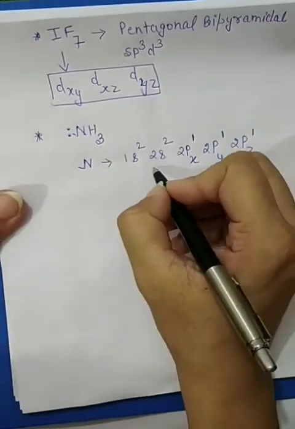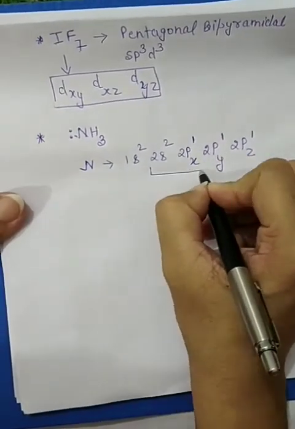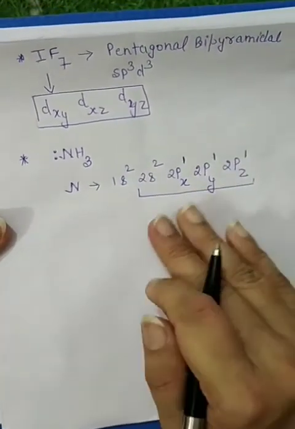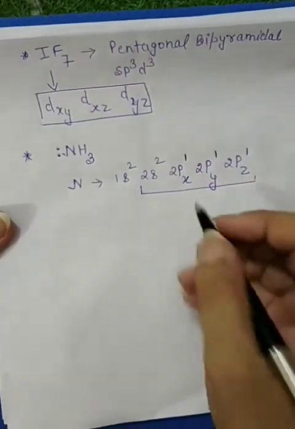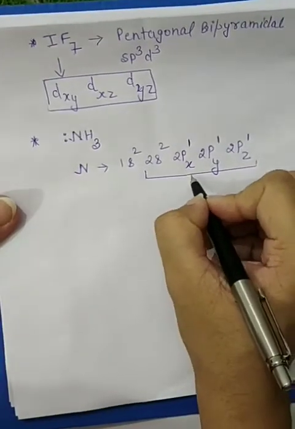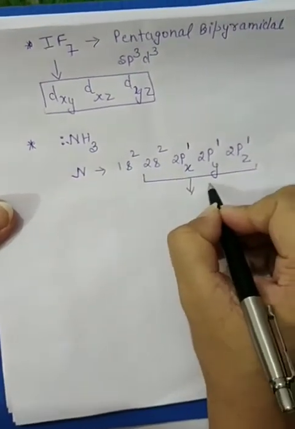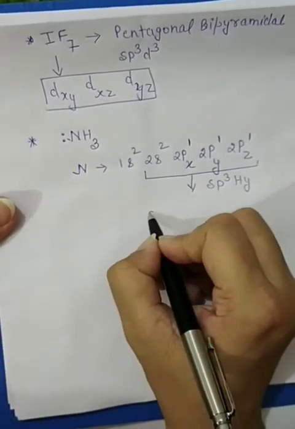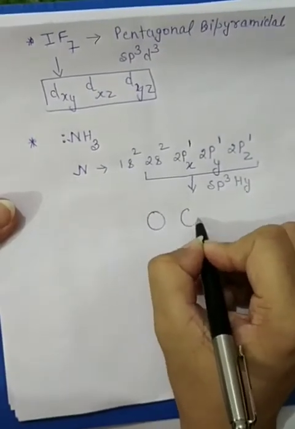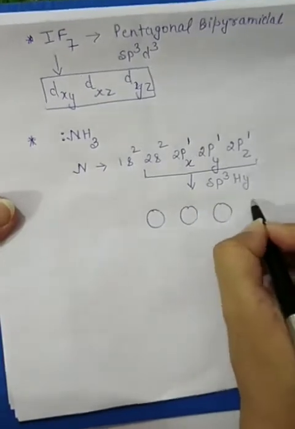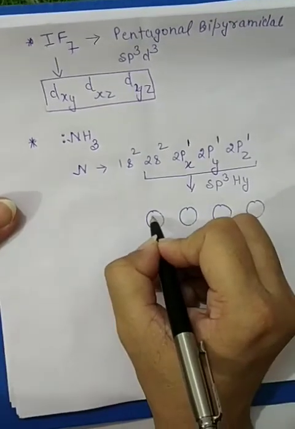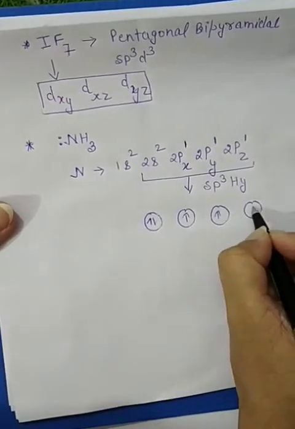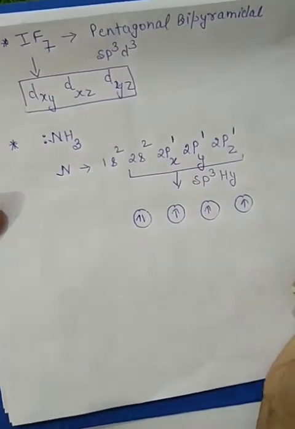Hence there is no need to excite the electrons from lower energy to higher energy. Directly these 4 orbitals undergo hybridization, that is sp3 hybridization, to give 4 hybrid orbitals, in which one has 2 electrons and the others have 1 electron each.